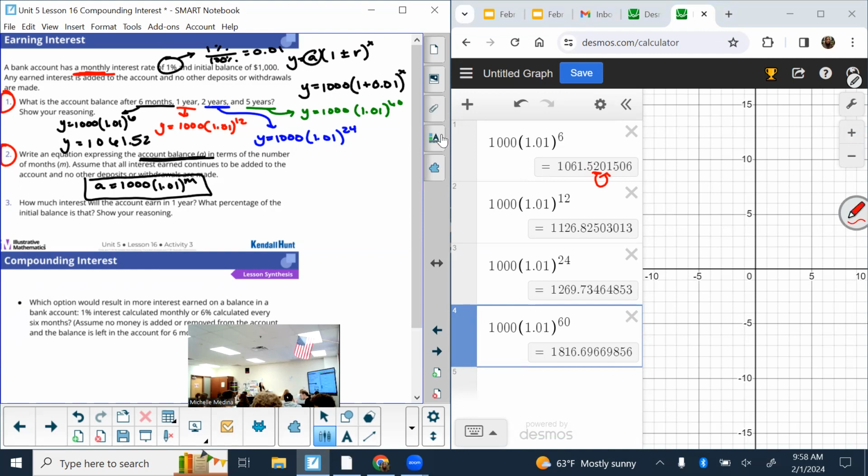Now for 12 months or 1 year. Go to the hundredths place, look to the right, since that number is a 5. Is it gonna be 0.82 or 0.83? So 1,126.83.